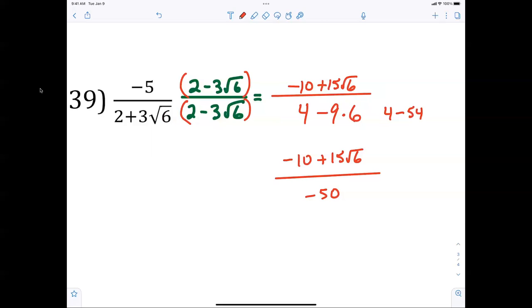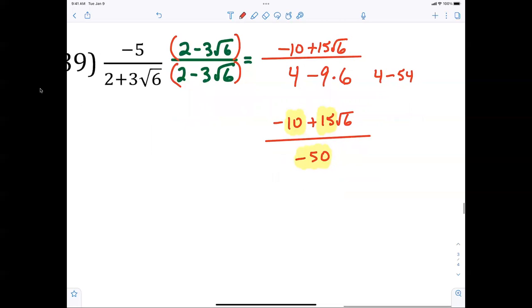Well, we could, but there's a common what? Here, here, and here. I can reduce by 5. Now better reduce by negative 5. That takes the negative out of the denominator. So it would be 2 minus 3 radical 6. And on the bottom, you have 10.